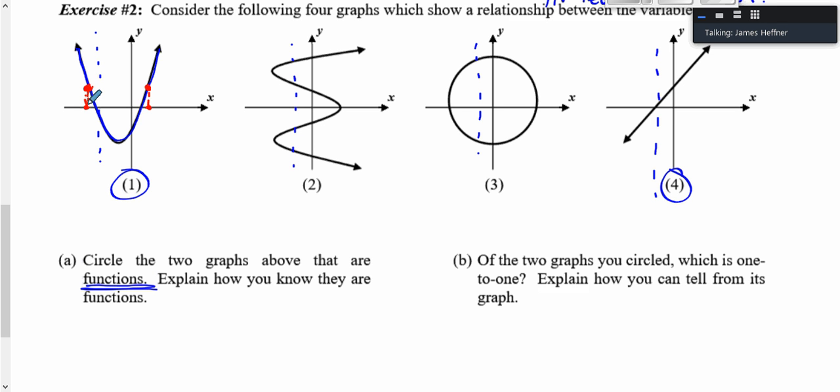So that output comes from 2 different inputs, so it's not one-to-one. In other words, let's try the horizontal line test, and it fails. So let's go over to graph 4. Would this be one-to-one?